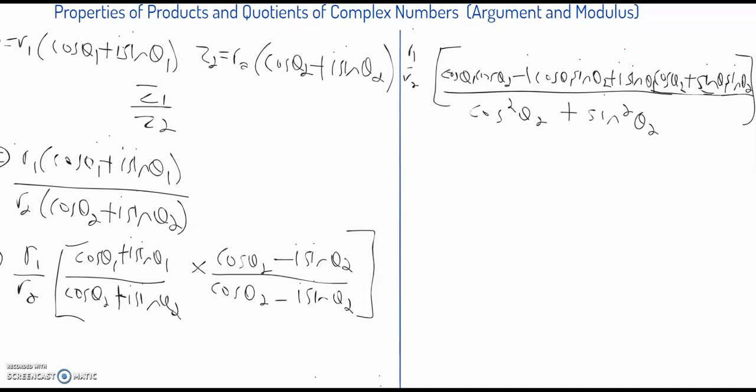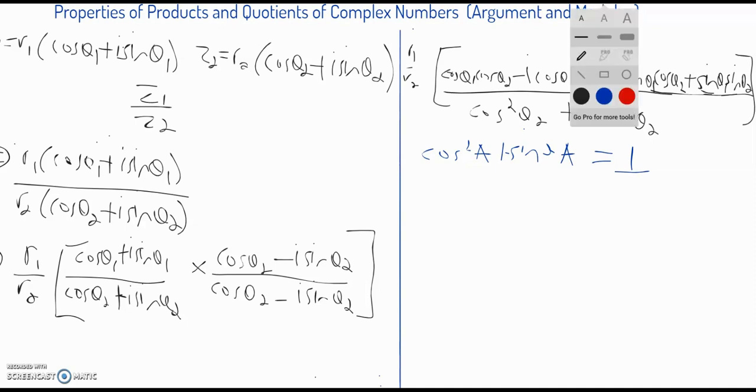Notice here, we are bringing out the compound angle formula. But before I even go there, let us look at the denominator. In this case, we know that cos squared A plus sine squared A is equal to 1. Very powerful identity, right? So let me go ahead and regroup my numerator before I move further.